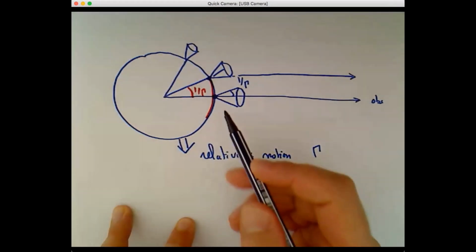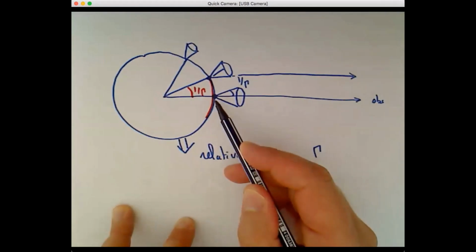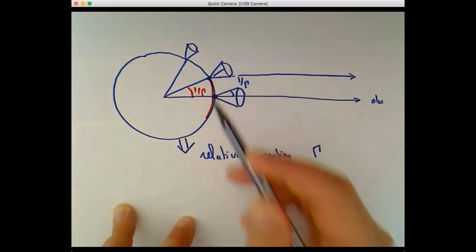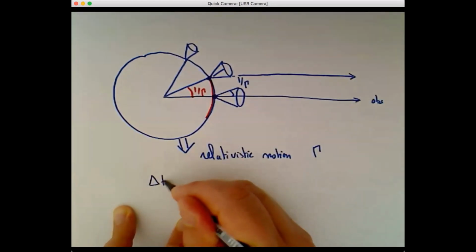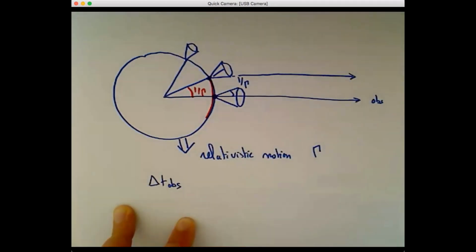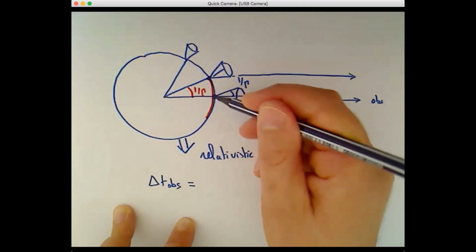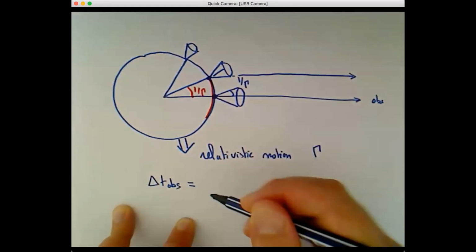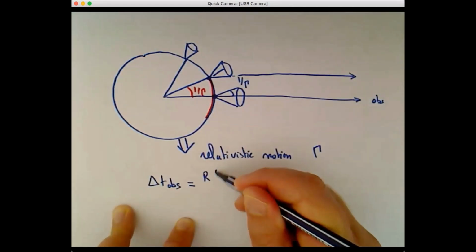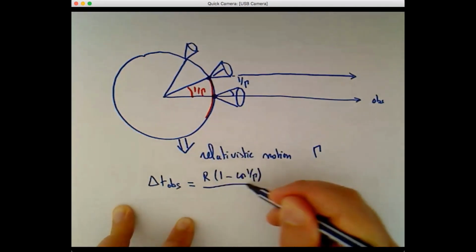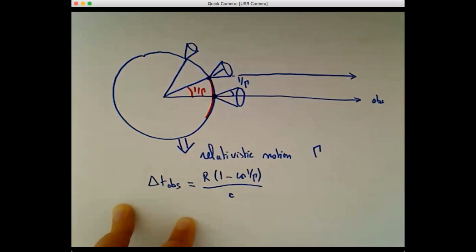Then, due to the speed of light, as the distance to reach the observer is a little smaller for photons emitted here compared to photons emitted here, I will add a difference of arrival time for these photons, which will be the horizontal distance between these 2 points, which is r times 1 minus cos of the angle 1 over gamma, divided by the speed of light.